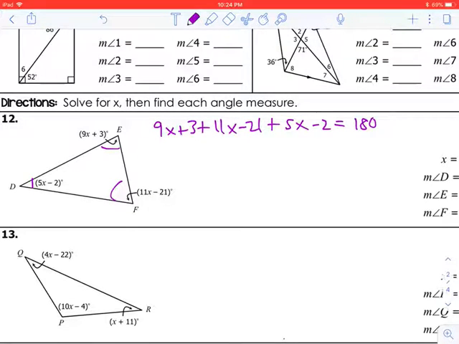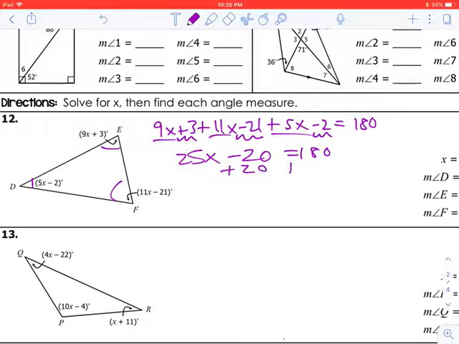And now we solve. So combine like terms. I've got 9x plus 11x plus 5x, that's 25x. And then 3 minus 21, my handwriting's so bad, is negative 18. Negative 18 minus 2 is negative 20, equals 180.